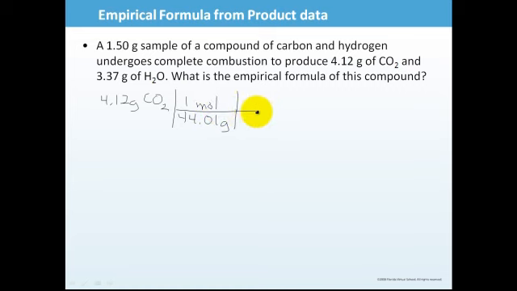Now step 2 is the ratio. Now if we look at the formula CO2, there is 1 mole of carbon. All right, remember we talked about this back in the regular assignment.